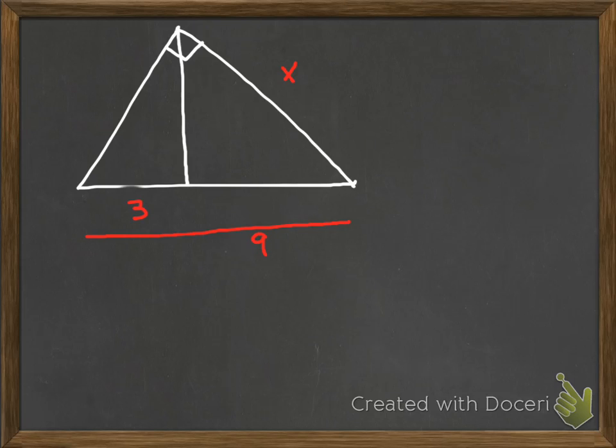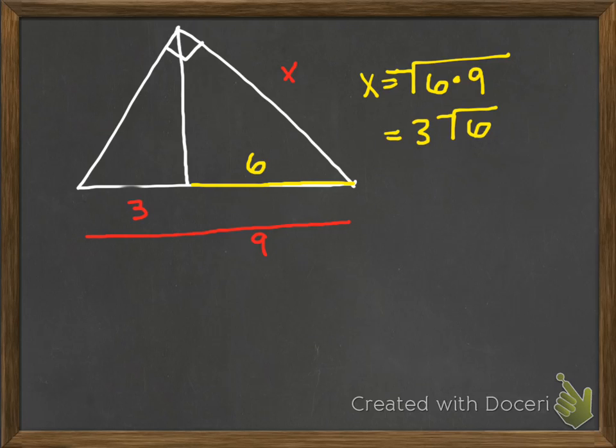Okay, so we know that the value of x is equal to the geometric mean of the adjacent side, and if this total length is 9 and this one's 3, then this one has to be 6. So it's the geometric mean of the leg that is adjacent and the total hypotenuse, which is 9. So we know the square root of 9 is 3, and we keep the square root of 6 like that. So it would be 3 times the square root of 6.